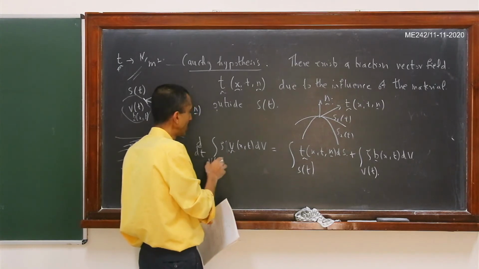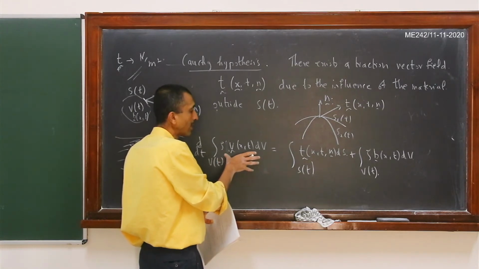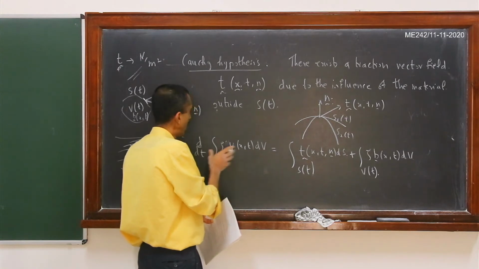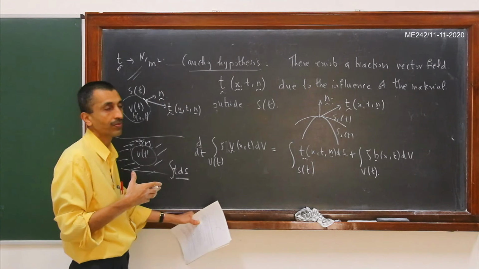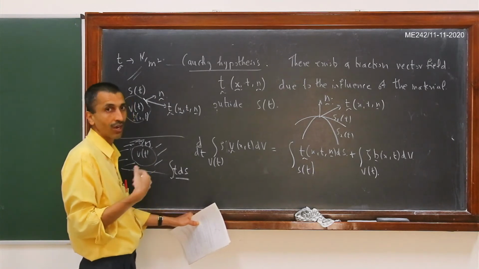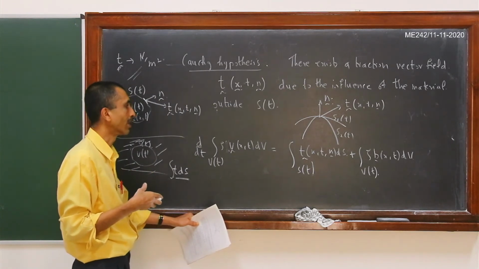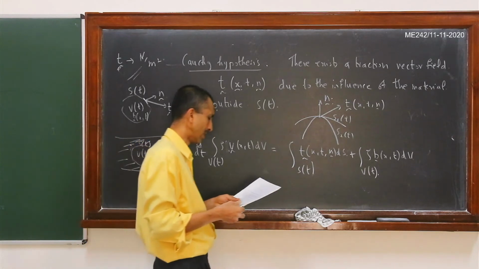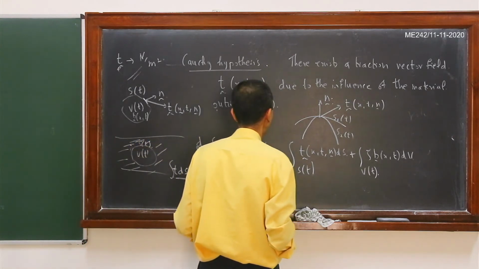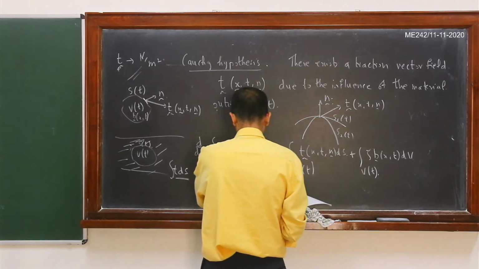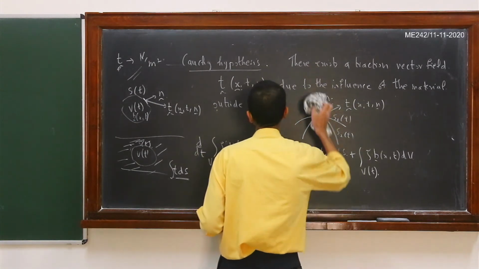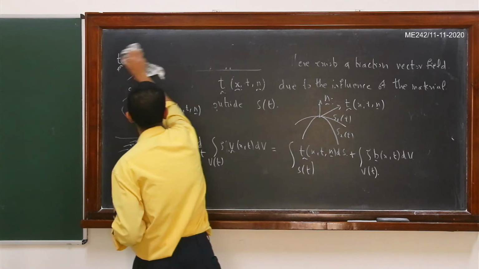So this integral is the linear momentum of the material volume, and the d by dt of that is nothing but the rate of change of linear momentum. So that's how we get this particular thing. Fine. So this is the statement that we have. Okay. So let us now simplify this particular thing here.